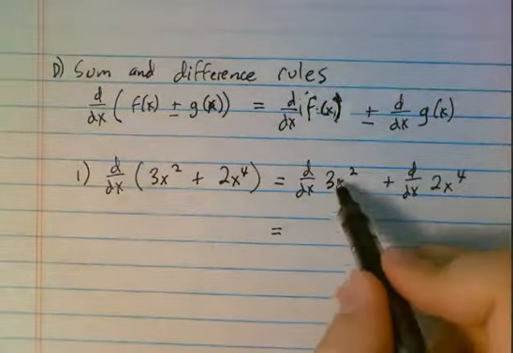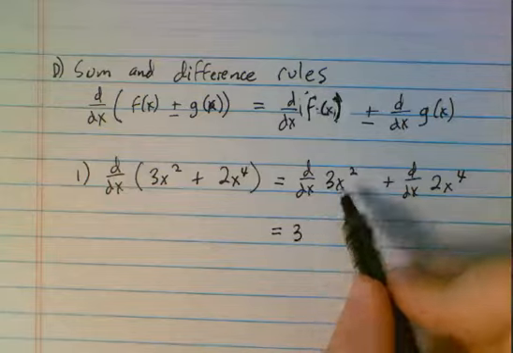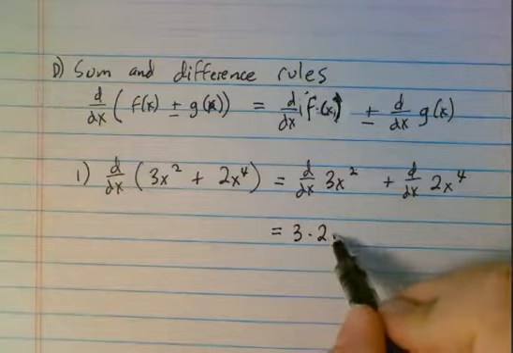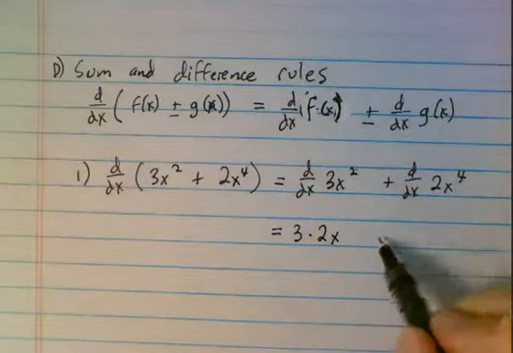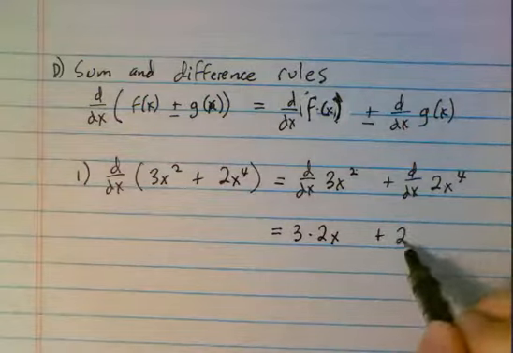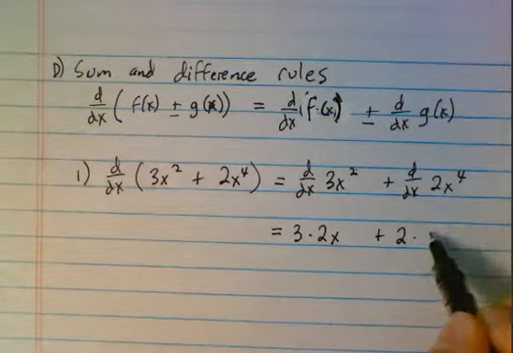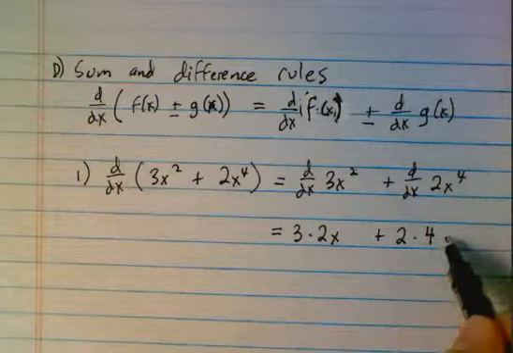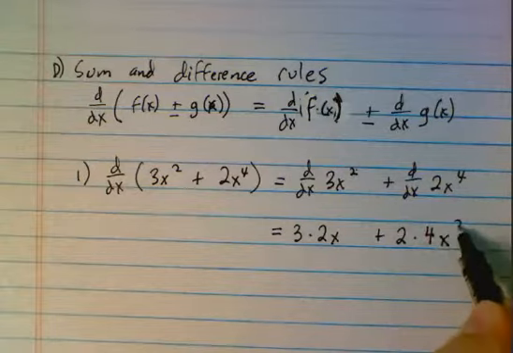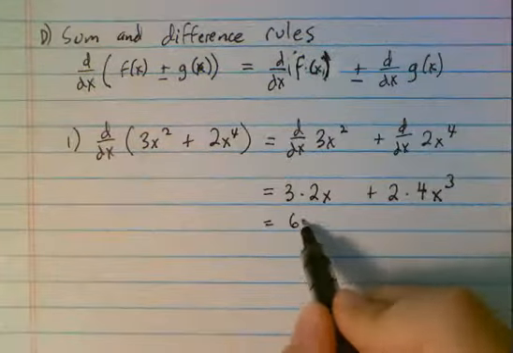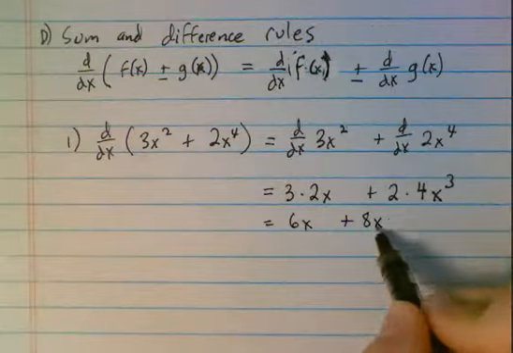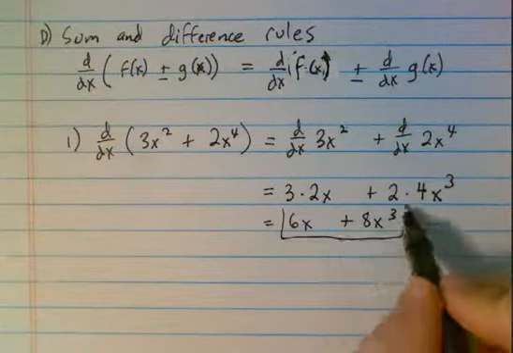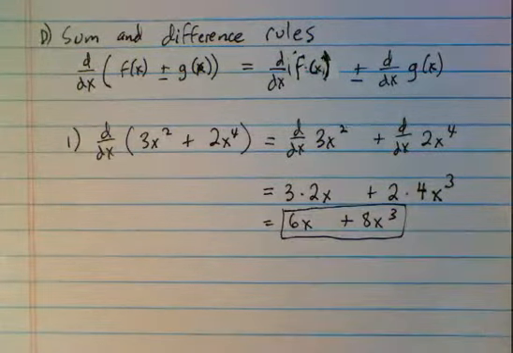When we do that, this 3 is along for the ride. Bring down the 2, subtract 1 from the exponent. Here this 2 is along for the ride. Bring down the 4, subtract 1 from the exponent. And there we go.